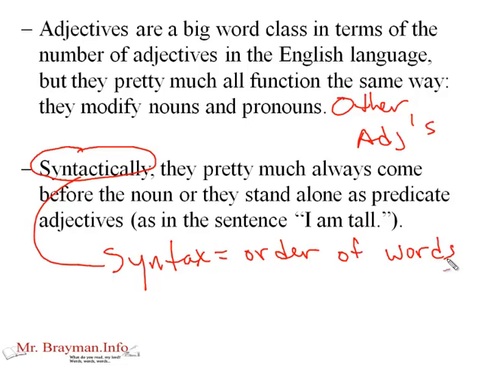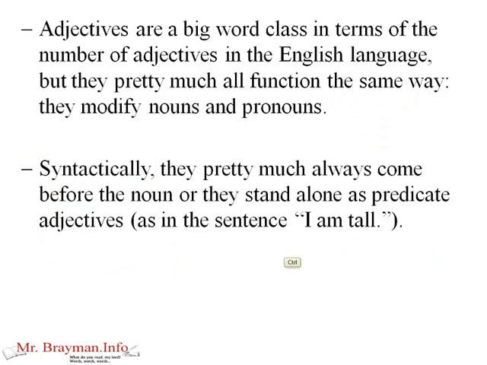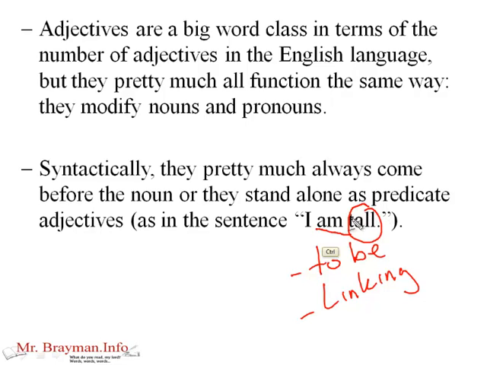right? Or we get these predicate adjectives, where tall and I are the same things. And we're not going to really get into predicate adjectives until we get into sentence structure. So you're going to have to hold off on that a little bit. But kind of a short answer here is that if you have a form of the verb to be, or if you have a linking verb, remember those are the brass G and the 5 senses, then if there's an adjective over here, you've got a predicate adjective, which is linked.